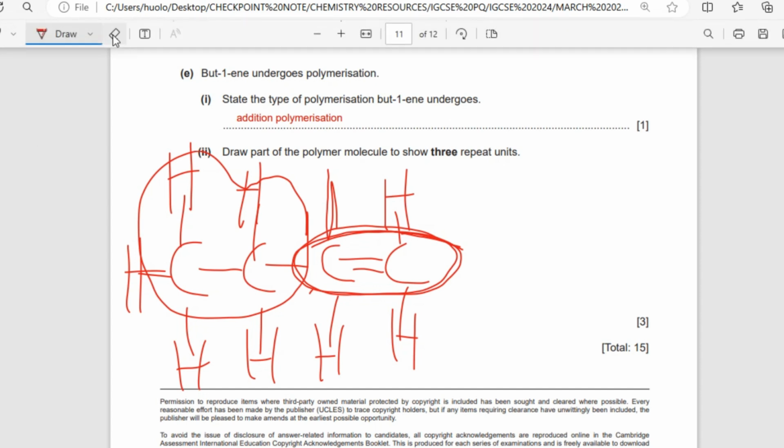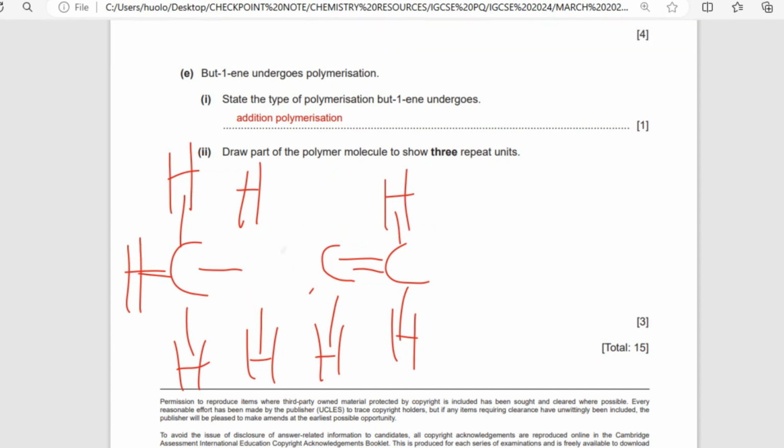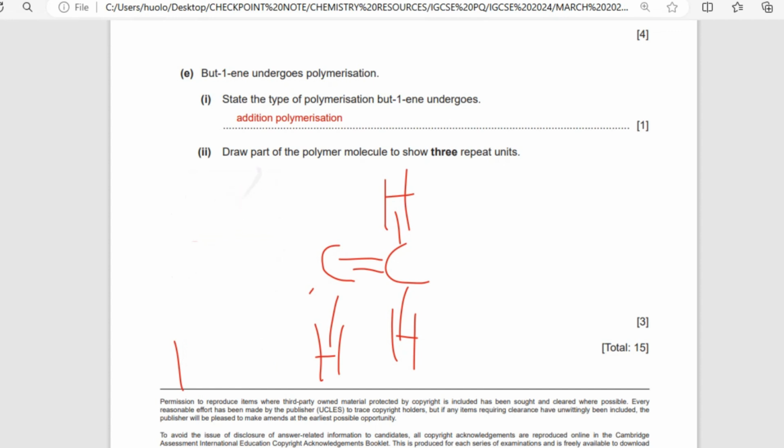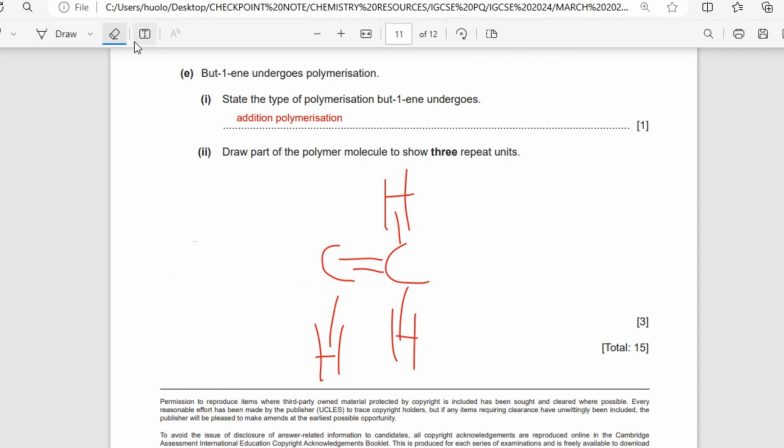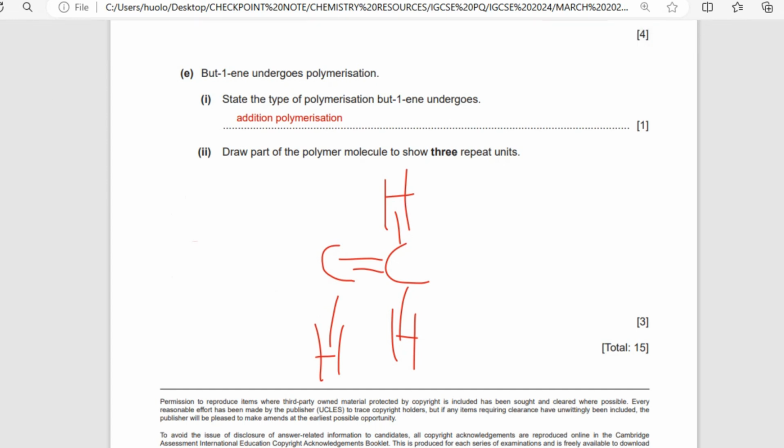So we are going to redraw this guy now. We are going to redraw these guys such that every other carbon atoms are drawn like a side chain. So you don't necessarily need to show all the bond.